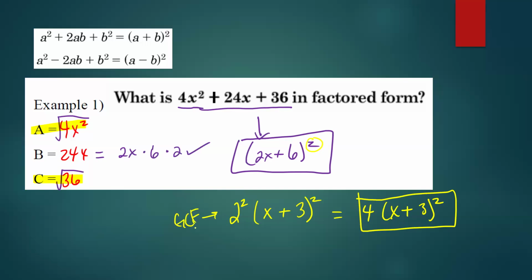So you either can take the GCF out in the beginning, or you can take the GCF out once you factor. The thing is, if you take it after you've used the perfect square trinomial, you have to make sure you square the GCF. Do we see the extension? Okay.